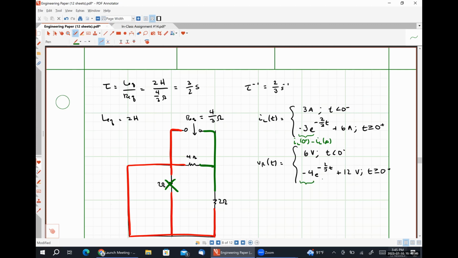This -4 here is from VR at 0 plus, which was 8, minus VR at infinity, which was 12. 8 minus 12 is -4. Got it. Thank you.